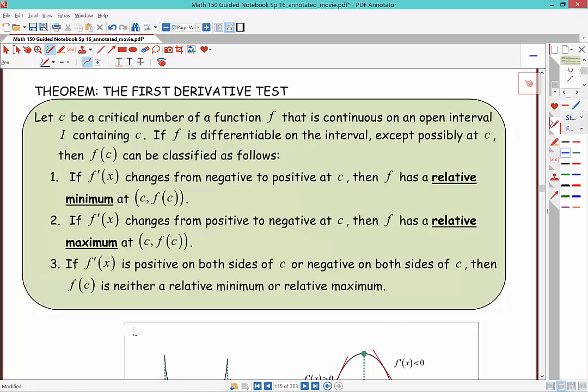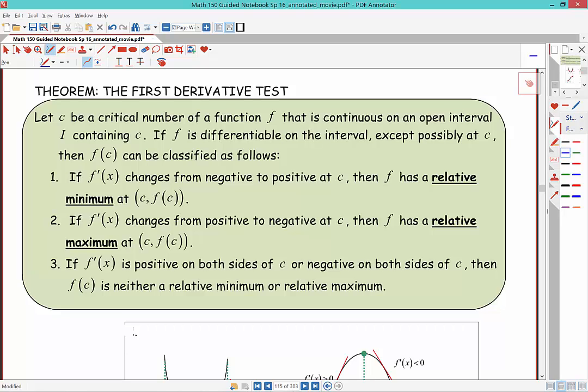C exists on your graph, and f of c exists on the graph. So if you have this critical number, and if the intervals alternate, so you go from negative to positive, or positive to negative, you'll have a point where there is a relative extremum.